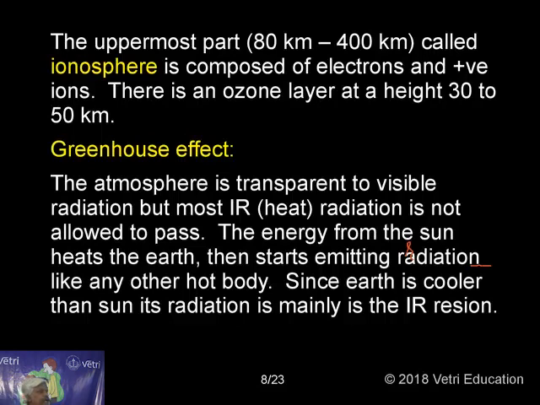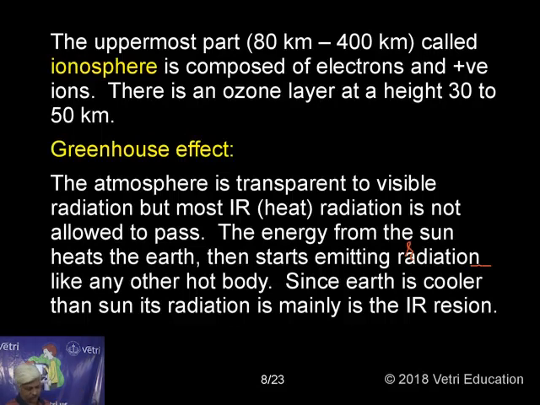In the Earth's atmosphere, the uppermost part, 80 km to 400 km, called the ionosphere, is composed of electrons and ions, that is, electrons and positive ions. There is an ozone layer at a height of 30 to 50 kilometers.